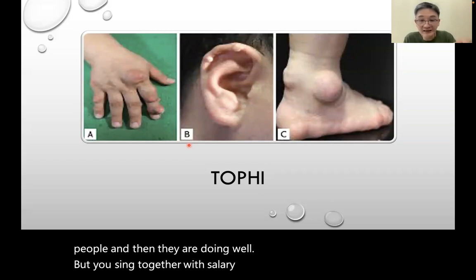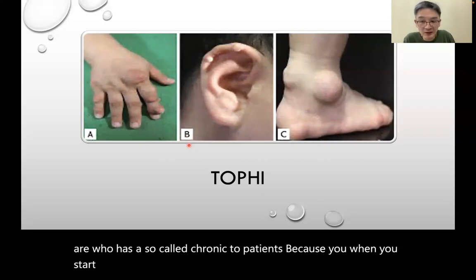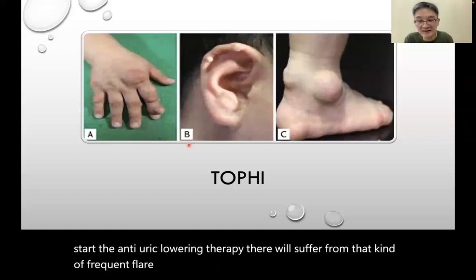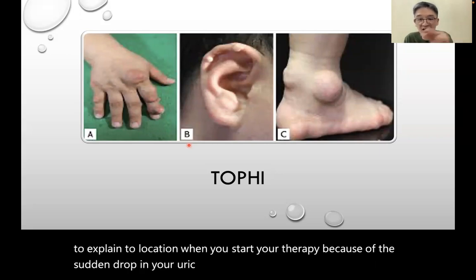Colchicine together with Zyloric, yes. For those patients who have so-called chronic tophaceous gout, because when you start the uric lowering therapy, they will suffer from frequent flare-ups. Okay, so this is another point that you need to explain to your patient. When you start your uric lowering therapy, because there's a sudden drop in your uric acid, there will be a reversal of this uric acid from the joints into the bloodstream.